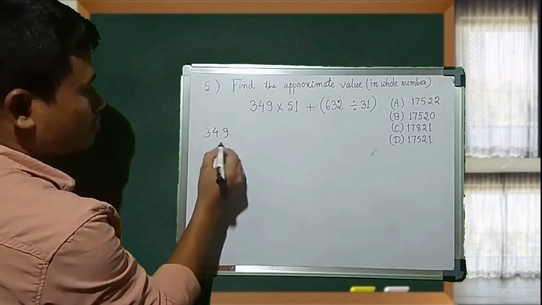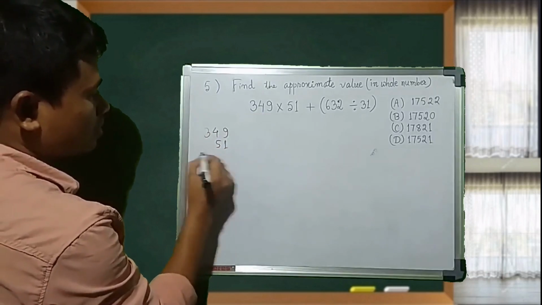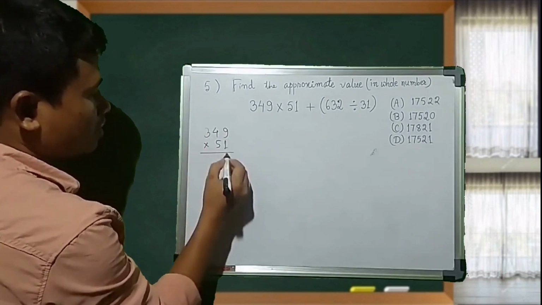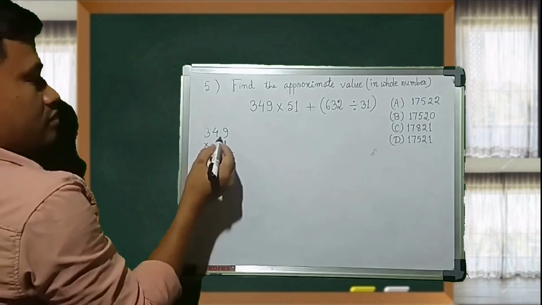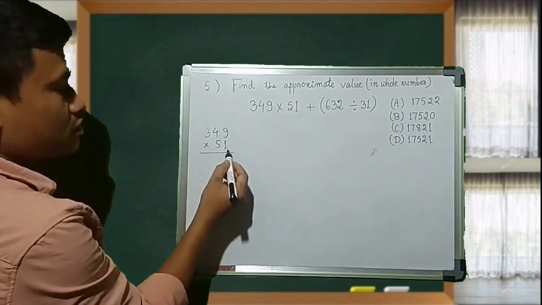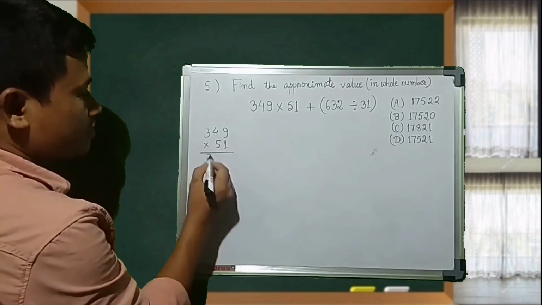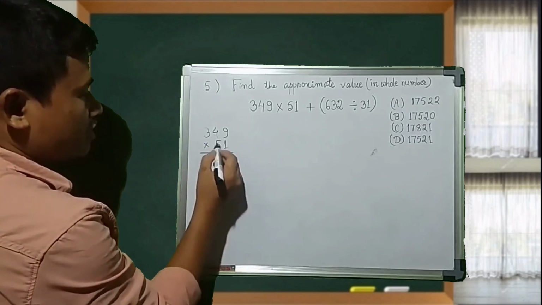349 multiplied by 51. When a number is multiplied by 1, we get the same number itself, 349. And 5.